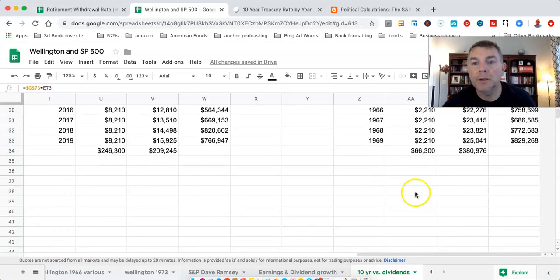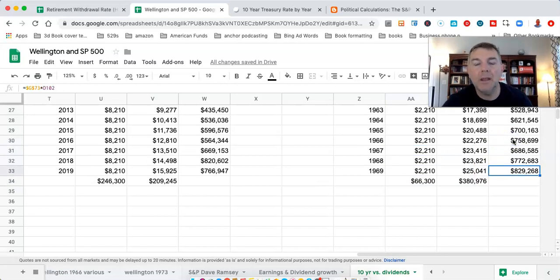So if you go down 30 years, we made 300, and this will be the next 30 years. So from 1940 to 1969, we made $380,000 on dividends. The 10-year Treasury proxy only got $66,000. So we made $320,000 more in income alone. On top of that, the S&P 500 value was $829,000.